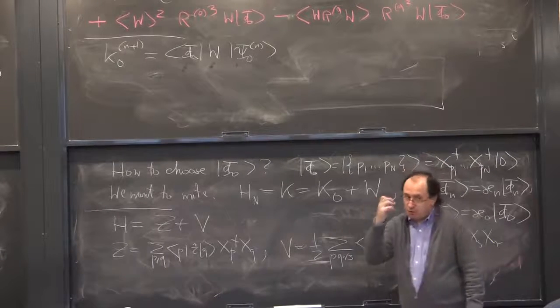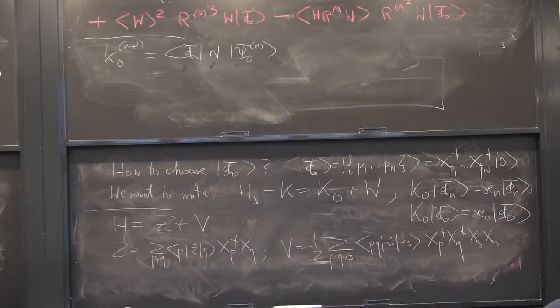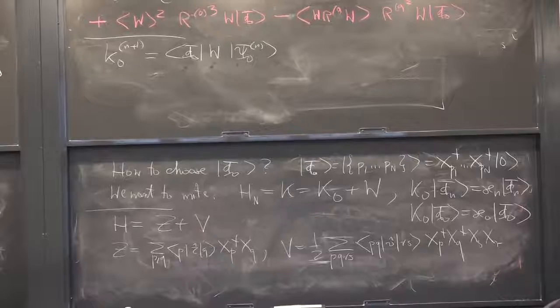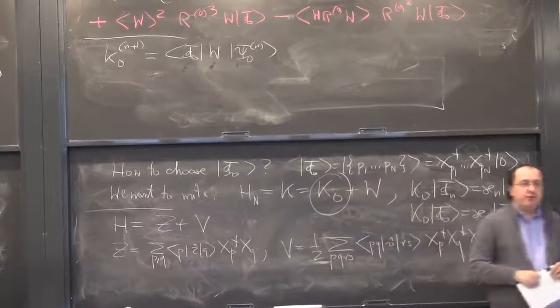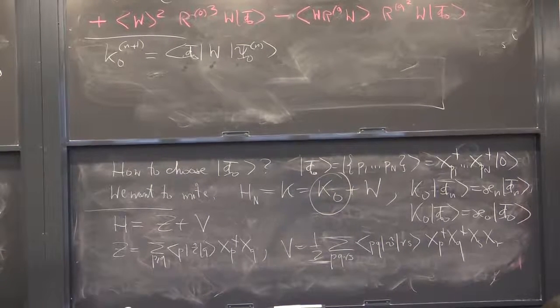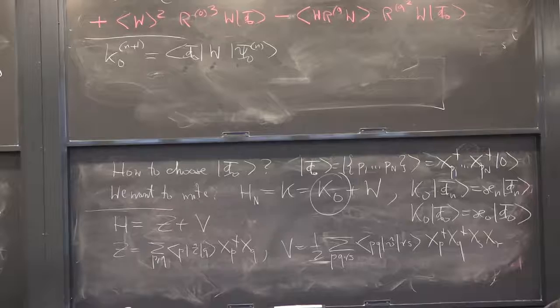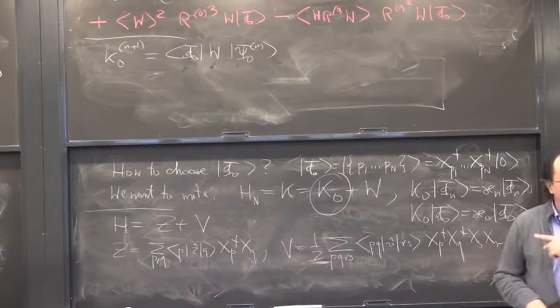So what we have to do, and that's going to be the beginning of the next class, is figure out some approximation to V which is a one-body operator. In other words, once I start working on K0, I have to define it in such a way that it has a Z part, obviously, but also some sort of one-body operator which effectively accounts for two-body interactions.